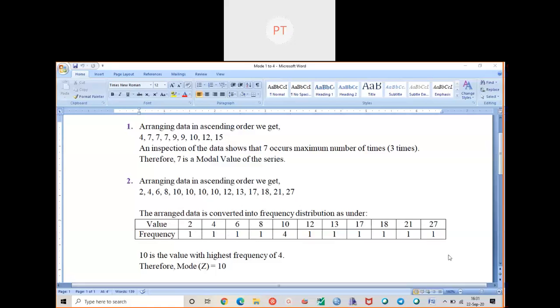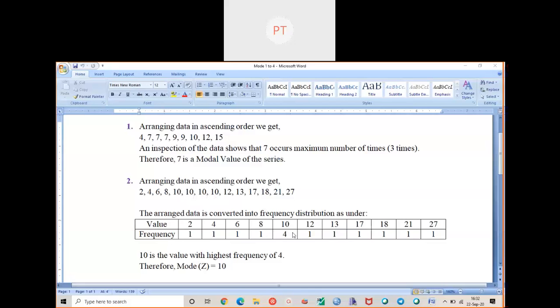Now that's your value given. In the frequency column, what we will write is the number of occurrences. So 2 is appearing for 1 time, 4 for 1 time, 6 for 1 time, 8 for 1 time, and 10, as you can see here, is appearing for 1, 2, 3, 4 times.